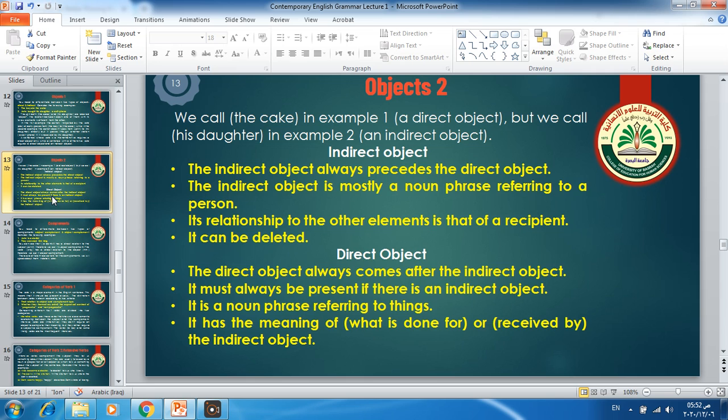While in the sentence in which we have two objects, the meaning of the direct object is different. The meaning of the direct object here is what is done for or received by the indirect object. So the example, John bought his daughter a cell phone. So the cell phone is what is done for or what is received by the daughter. Okay, so the meaning here is different from the meaning of the direct object in the first example.